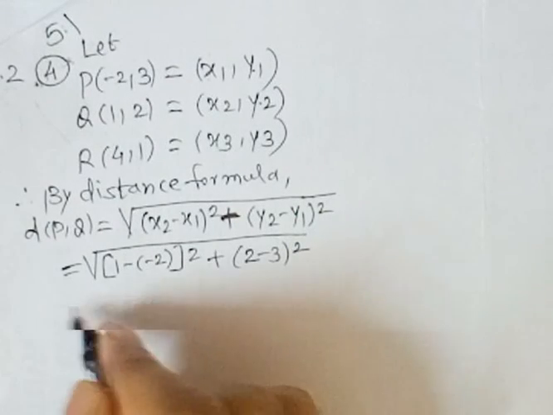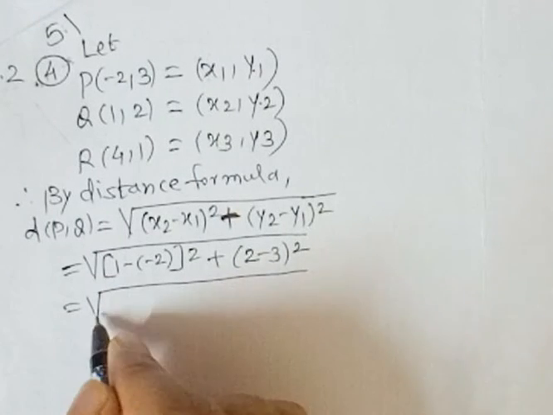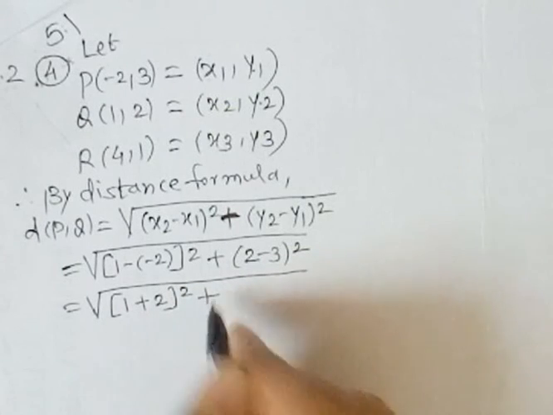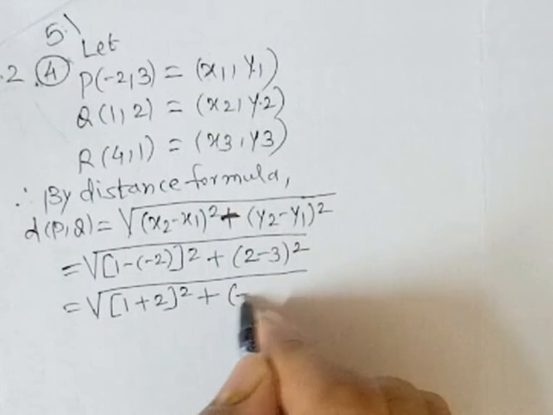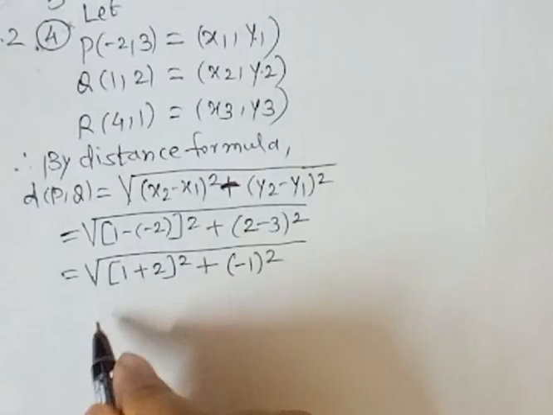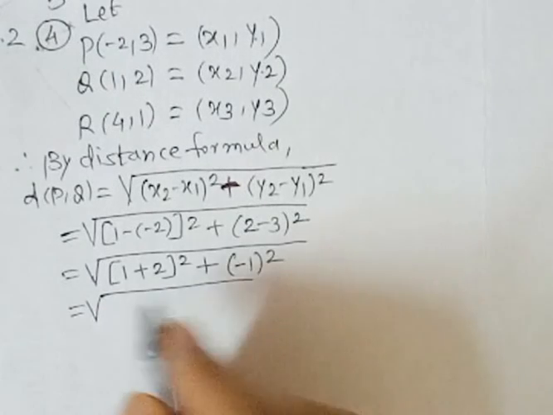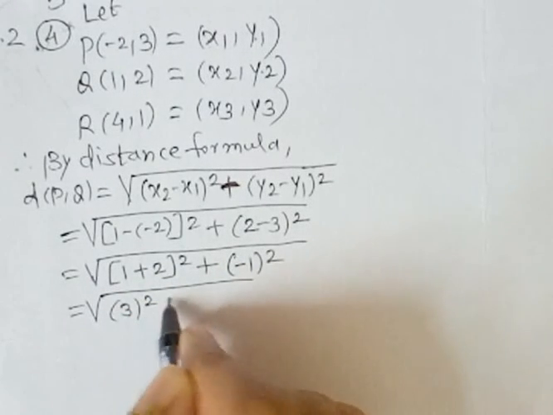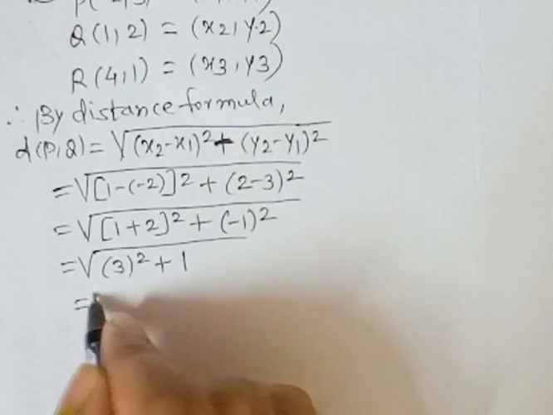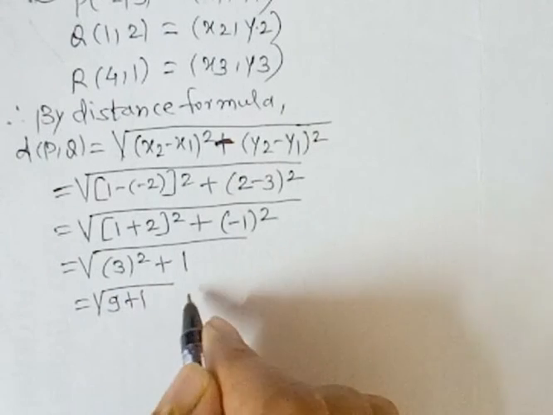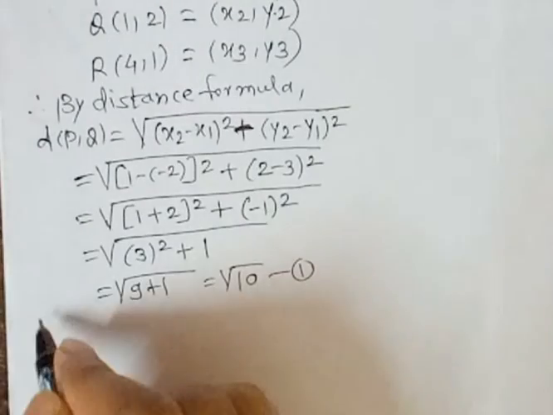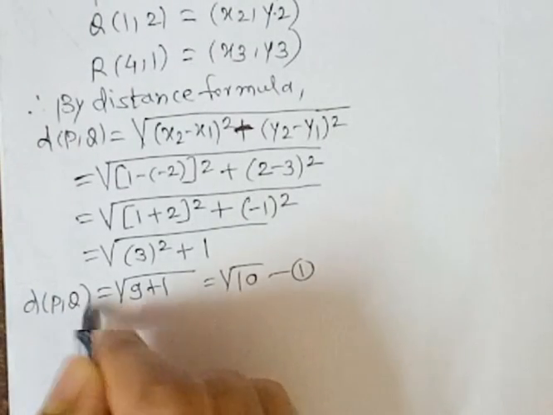Now under root as it is, 1 minus minus is plus 2, whole square, plus 2 minus 3 is minus 1, greater number minus smaller one and sign of greater. This is under root 1 plus 2 is 3 square plus minus 1 square is 1. Now 3 square is 9 plus 1, that is under root 10. This is equation number 1, distance PQ.